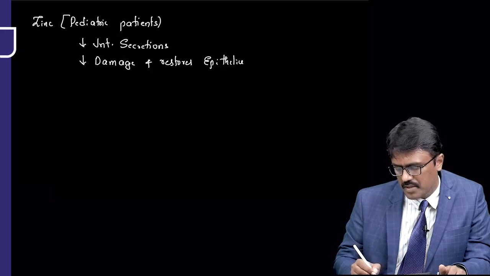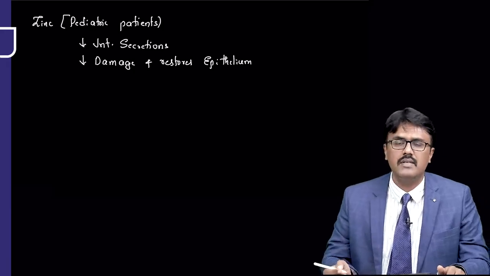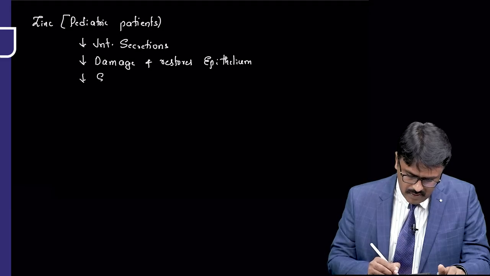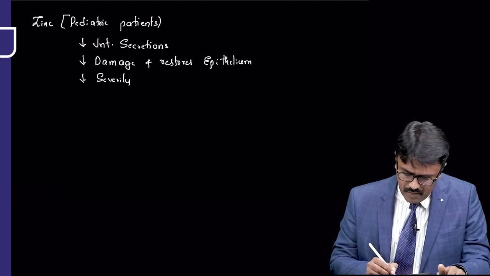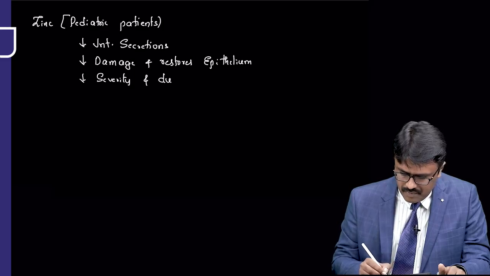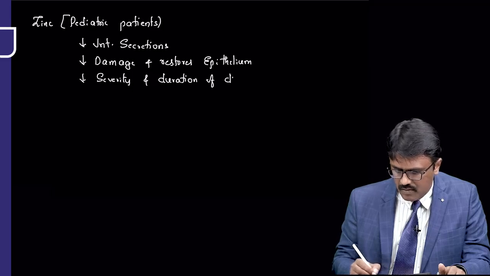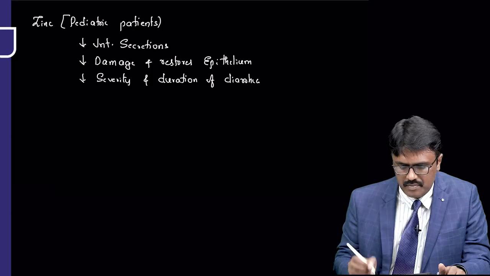So the epithelium which is damaged during diarrhea is restored, and also it decreases the severity and duration of diarrhea. So that is the reason why zinc is given in pediatric patients.